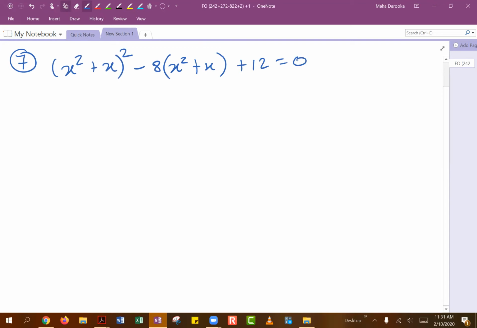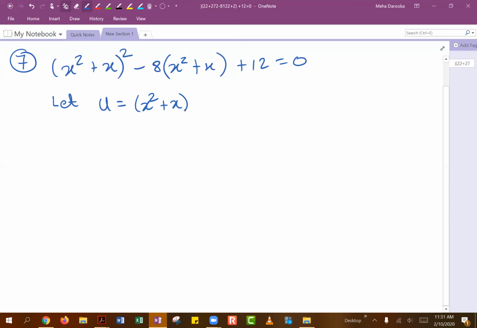If you remember, as we were talking about this last time, I had mentioned to always look at the middle term and look at what kind of x or variable value the middle term has. So you will see our middle term has that whole x squared plus x as its value with the coefficient 8, right? So that means when we're doing u substitution, we are going to let u be equal to that entire parentheses part, which is x squared plus x.